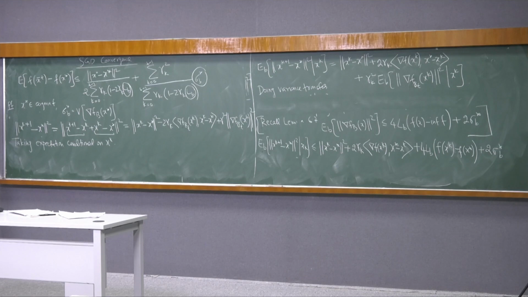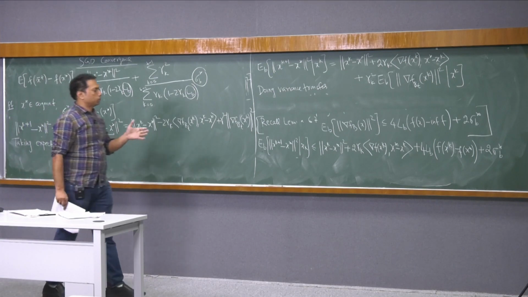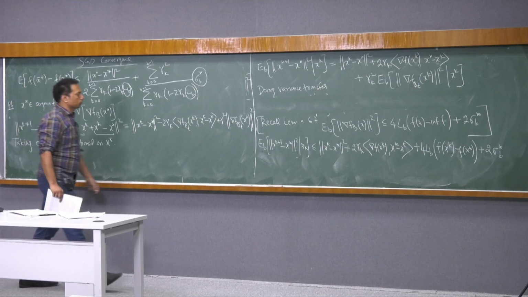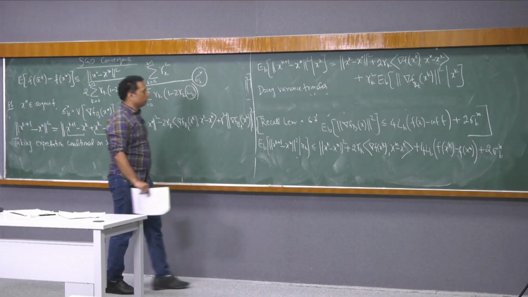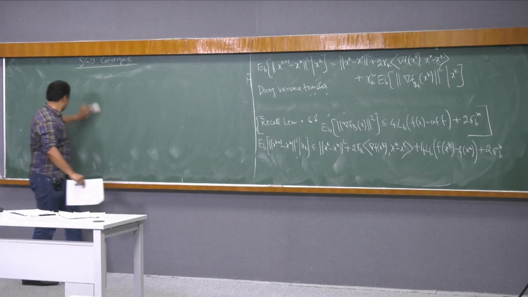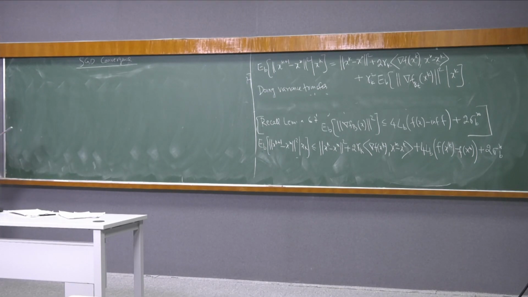So the first order definition of convexity will be used here. f(y) is greater than or equal to f(x) plus grad f(x) times (y minus x). So that's the first order definition, and we will use that to get rid of the second term now. So now we will apply the convexity.